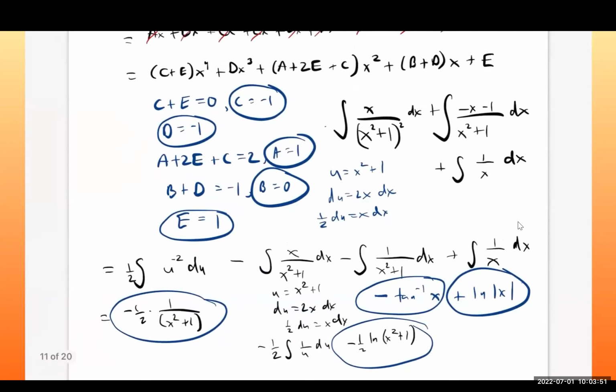So let's see if we can put it all together in one final line. So negative 1/2, let me write this as negative 1 over 2 times x squared plus 1, minus 1/2 natural log of x squared plus 1. I'm going to go ahead and erase this to create a little bit of space.